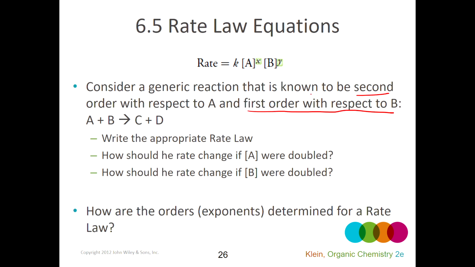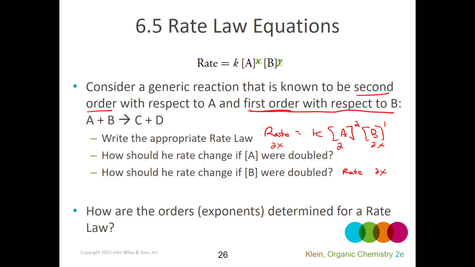But what if one of my reactants was second order? So if A were second order, the rate law would be rate equals rate constant times A to the second power times B to the first power, assuming B is still first order. So if I were to double B, because it's 2 to the first power, 2 to the first power is 2, and that would cause the rate to double. We just said that on the last slide.